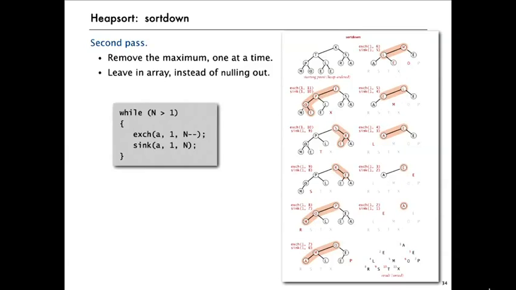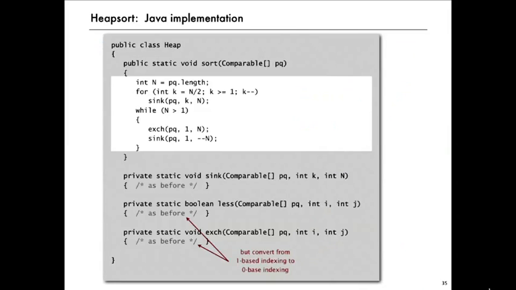Given the sink implementation, we had a 1-liner for the first pass and a 3-liner for the second pass. So that gives a complete implementation of heap sort with the code that we've given so far. There's one little detail. When you're sorting an array, of course, position 0 comes into account.